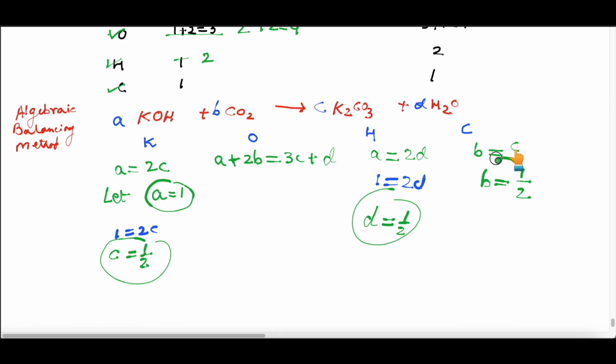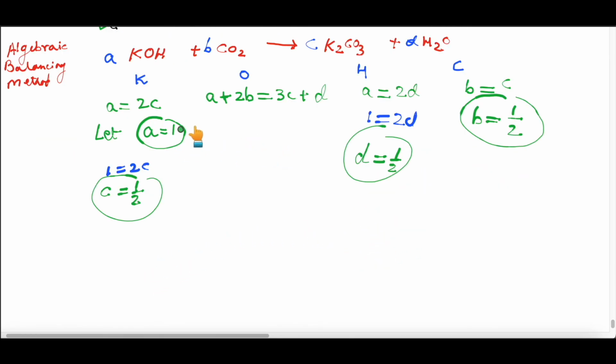This way we have got the value of B as half, A as 1, C as half and D also as half. Now on substituting the values here in the main equation, we see it is A KOH and here we have A as 1. So we have 1 KOH plus B CO2 and we have the value of B as half.